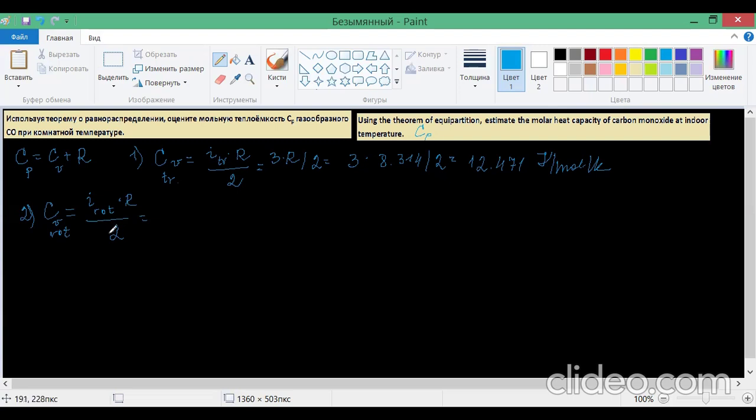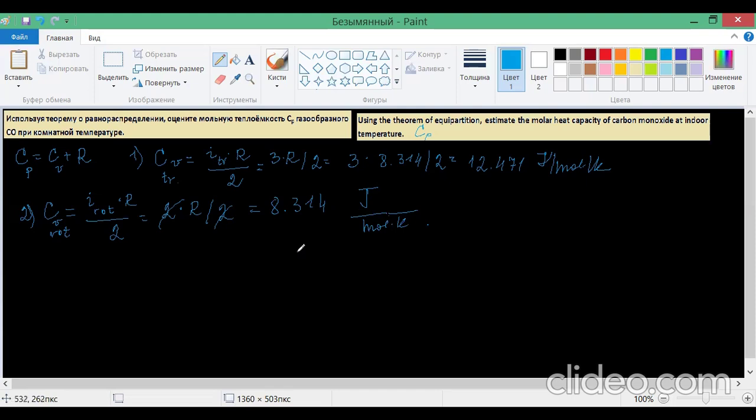Okay. And for this molecule, for the CO molecule, it's a linear molecule which consists of 2 atoms. I rotatory is equal to 2. And finally, we've got that this value is equal to 8.314 joules per mole per Kelvin.